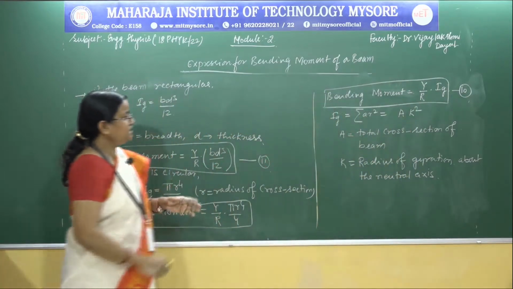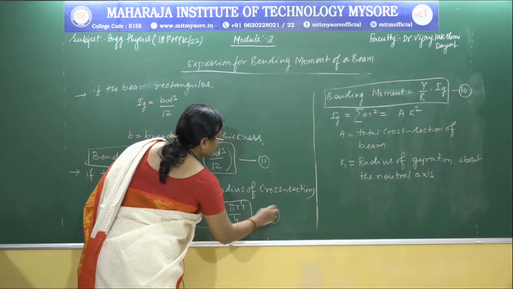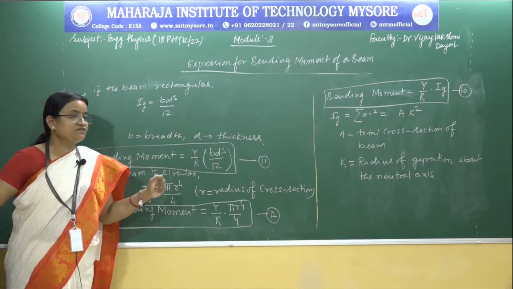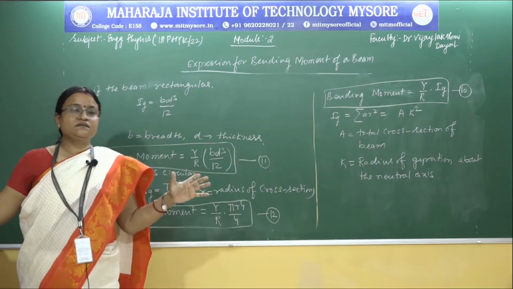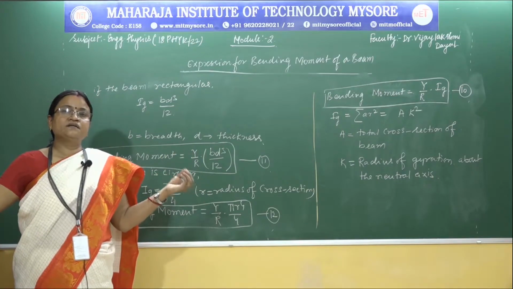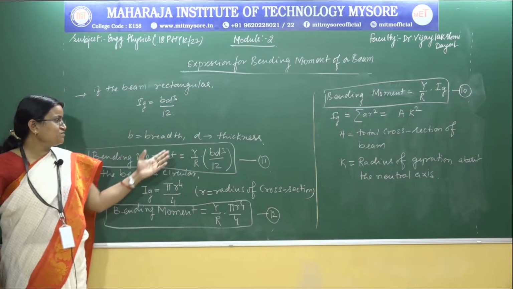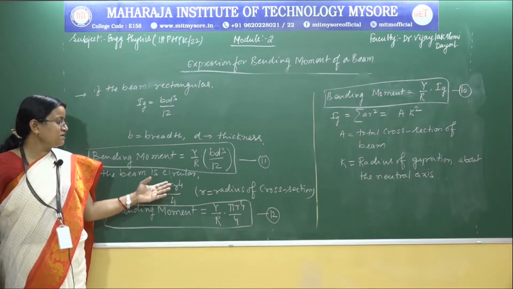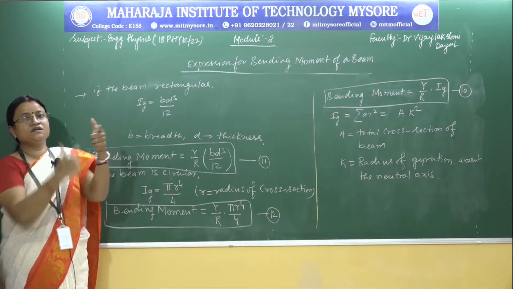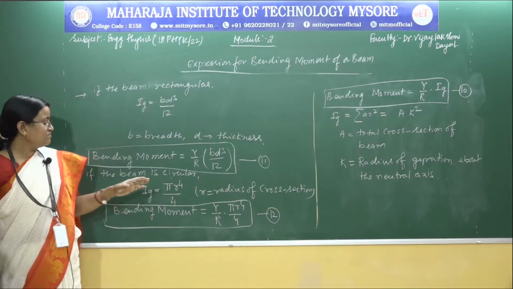So, these equations 10, 11 and 12 are the expressions of bending moment. Equation 10 is the expression in general. Ig you can calculate for any shape of the beam. So, when the shape is rectangular, Ig is B D cube by 12, and when it is circular, you can consider this a circular beam, and the flat beam we can call a rectangular beam.